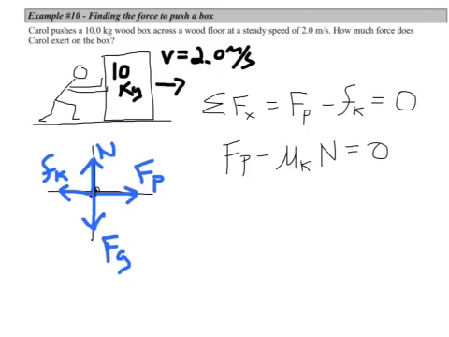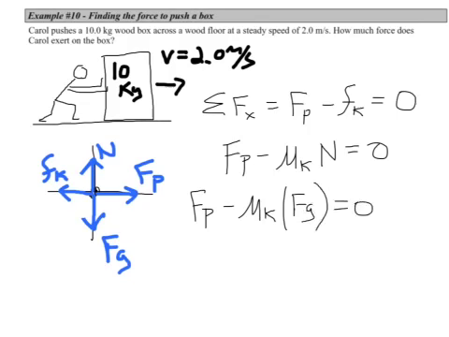So now we have to think, well, we've got the normal force sitting here. So, wow, now we do kind of have to look in our y direction, don't we? The normal force is equal to our weight. Okay?